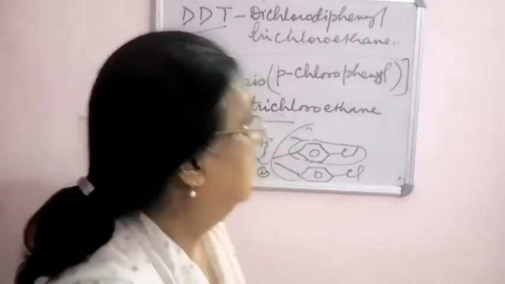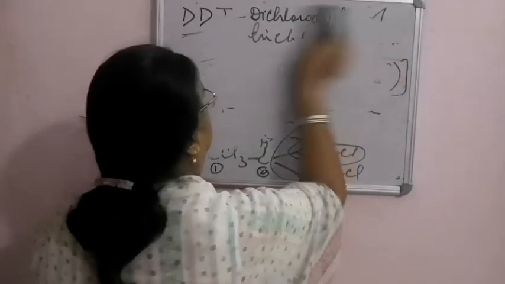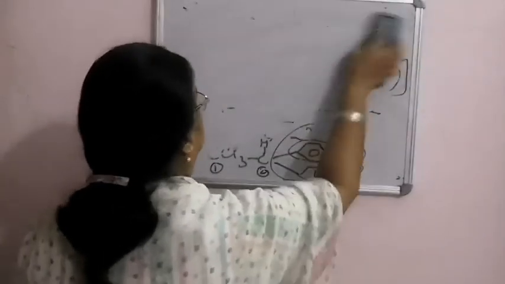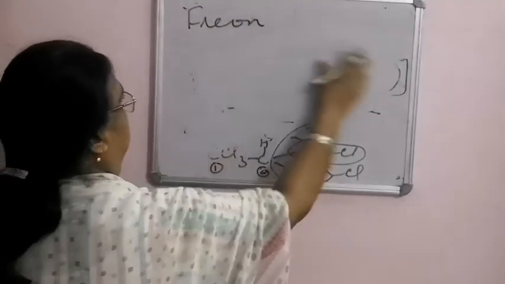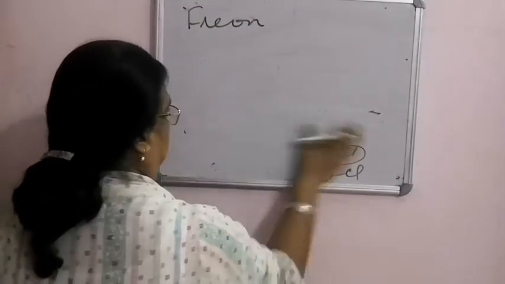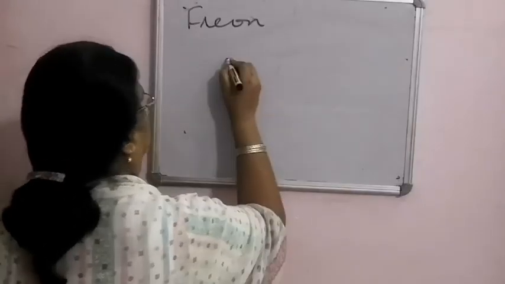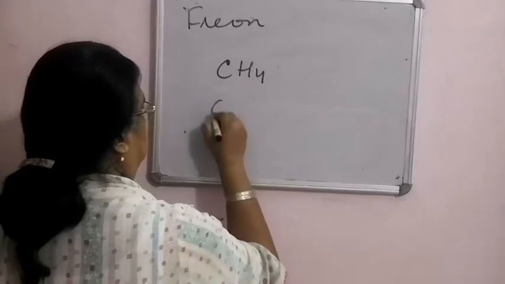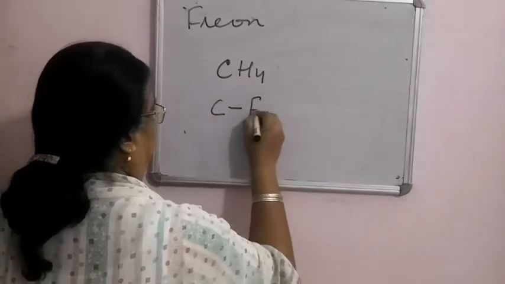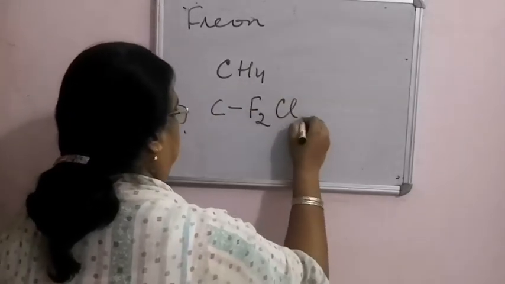Now the next thing which you have to do is freon. Only the structure. Freon, which is commonly known as chlorofluorocarbon. Methane is CH4, when these hydrogens are replaced by fluorine and chlorine.